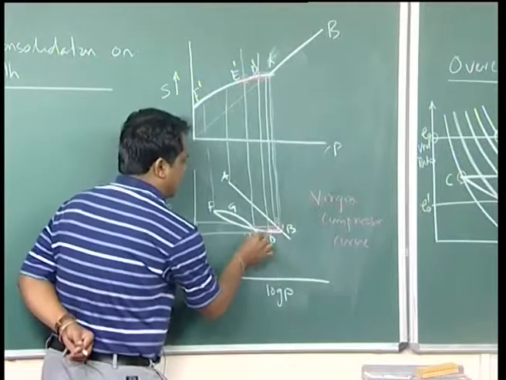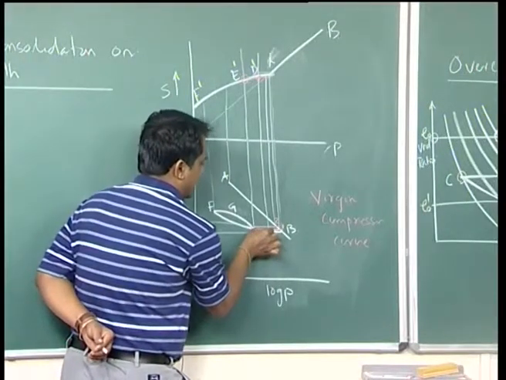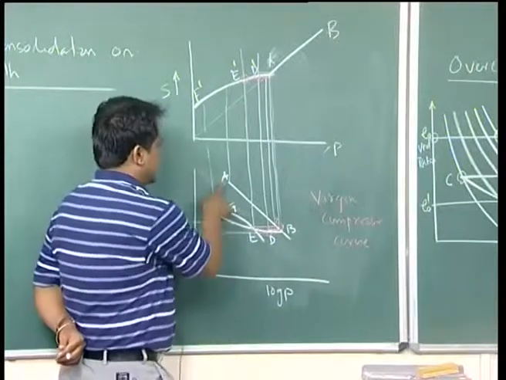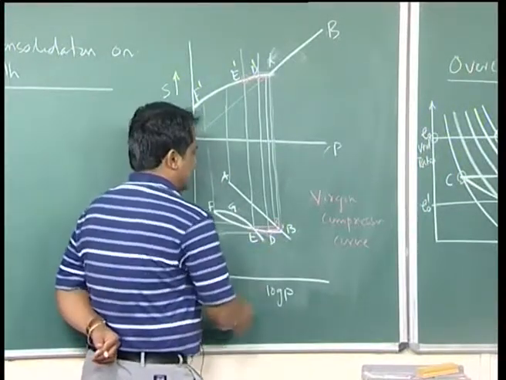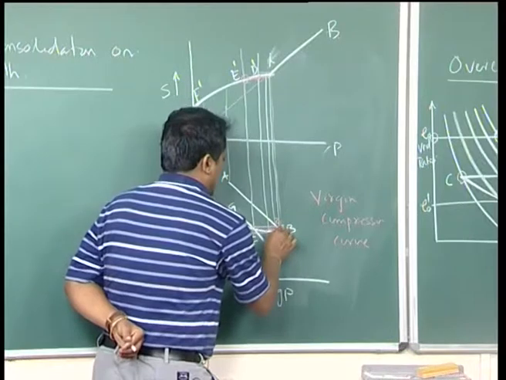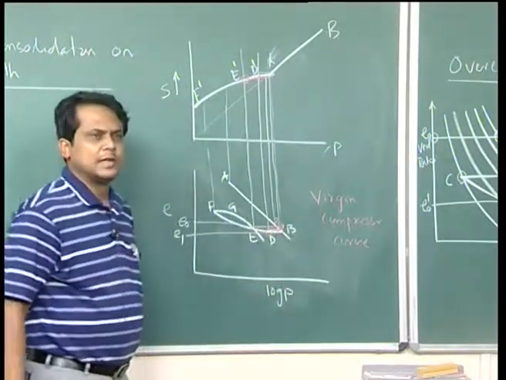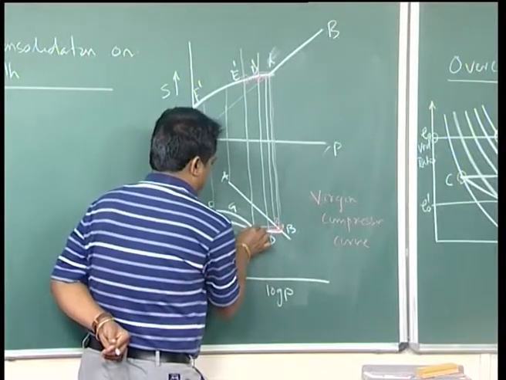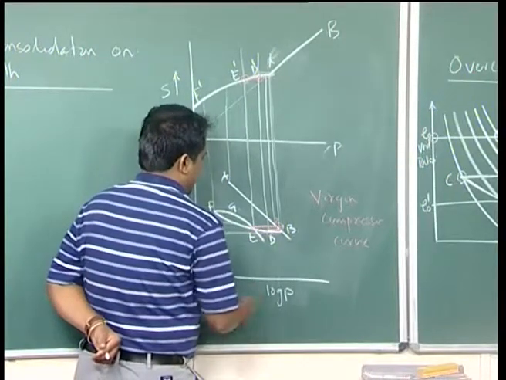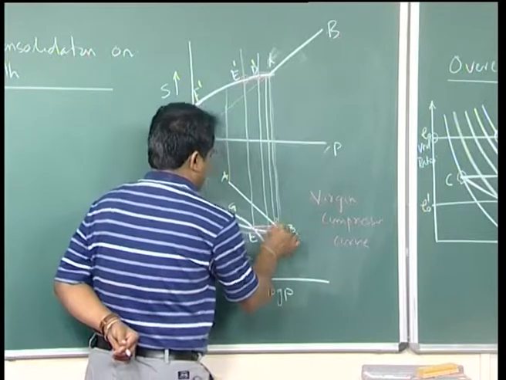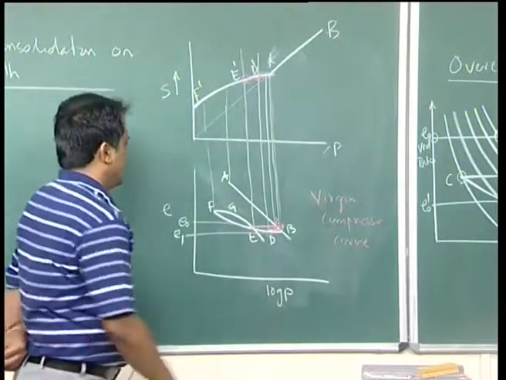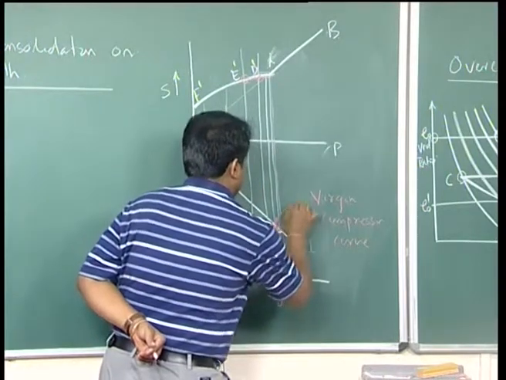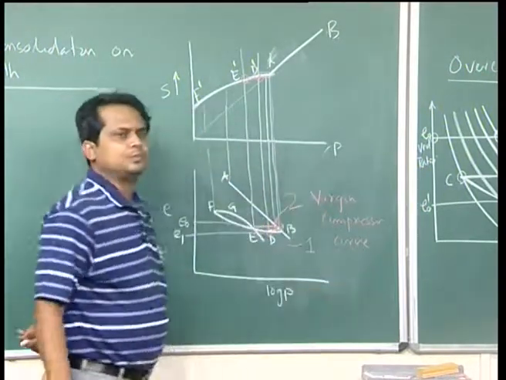First, from D I draw the horizontal line to where it intercepts the virgin curve; that is your point 1. Now from E, draw a horizontal line to where it intercepts the virgin curve; that is your point 2.